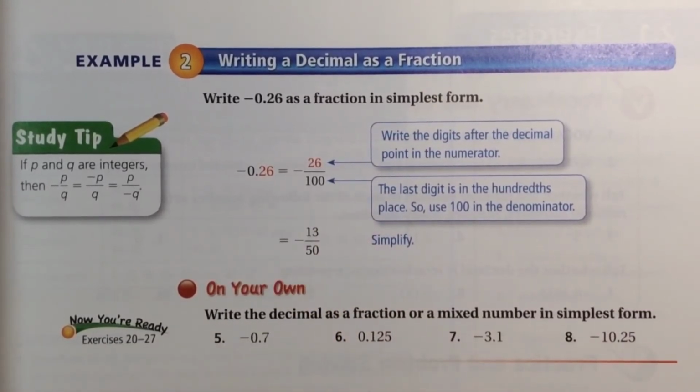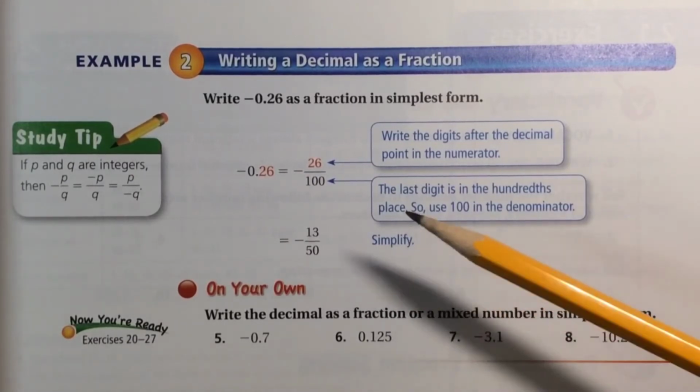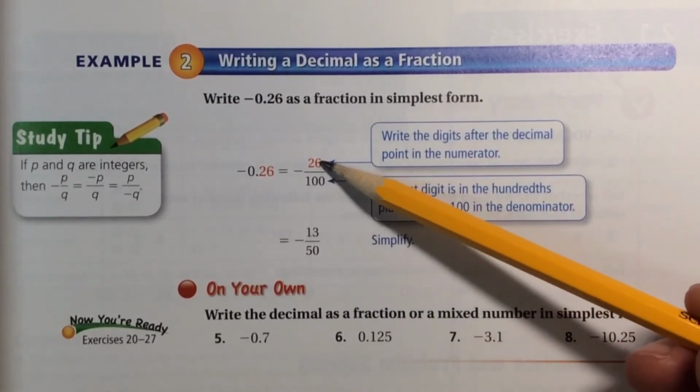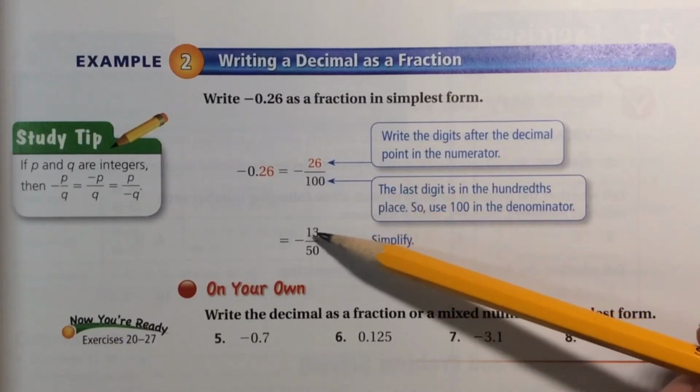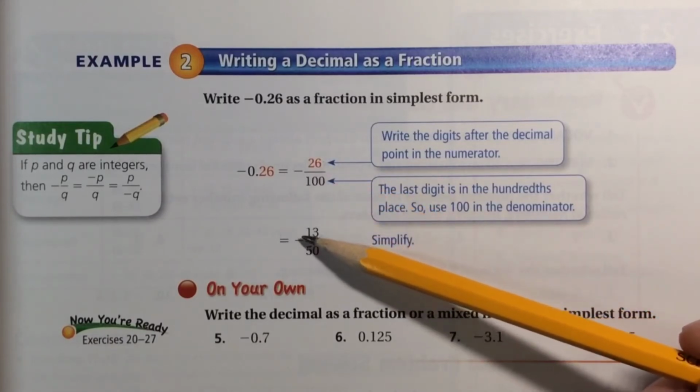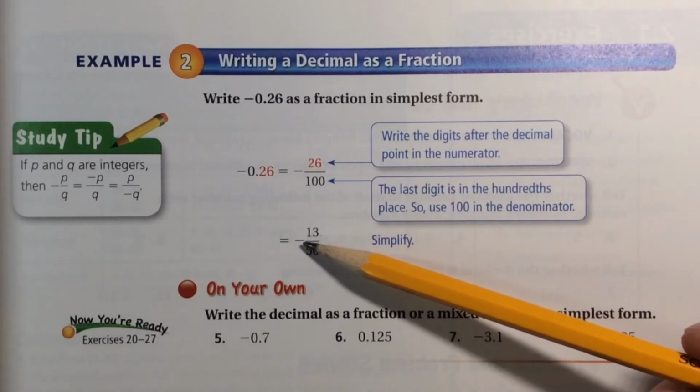All right, so if we can say them correctly, then we're going to be able to convert those very easily. And then you should simplify. So they're both even, so I know I can divide top and bottom by 2, which if I divide the top by 2, I get 13, and if I divide the bottom by 2, I get 50. The negative comes along, don't drop the negative, common mistake.